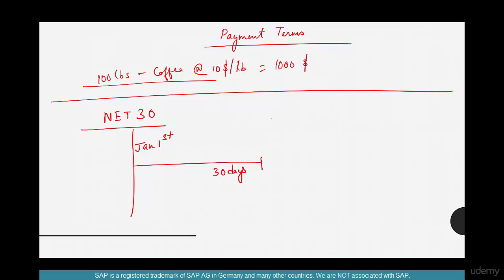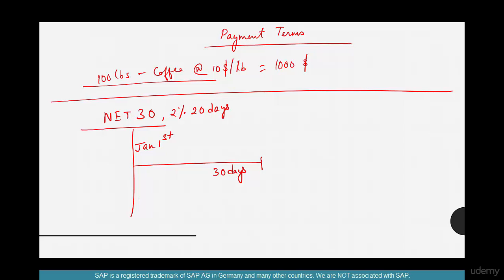On top of that, there is something called as cash discount. To encourage customers to pay earlier, vendors tend to give a cash discount. Example, net 30, 2%, 20 days. This is another example of payment term.